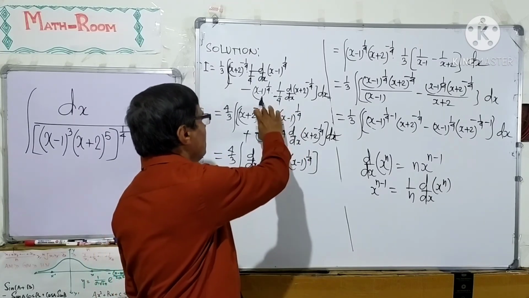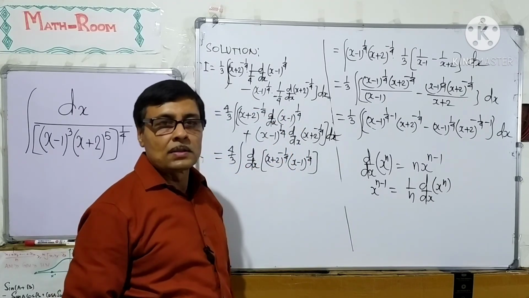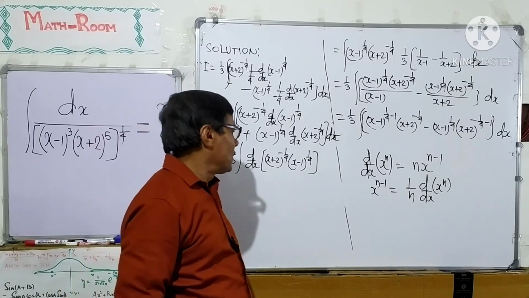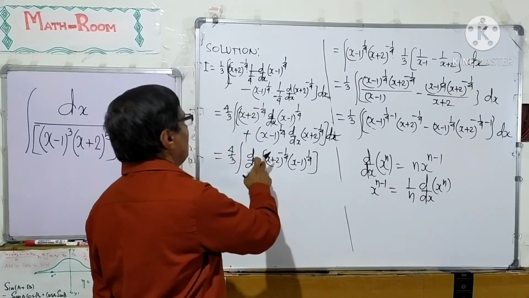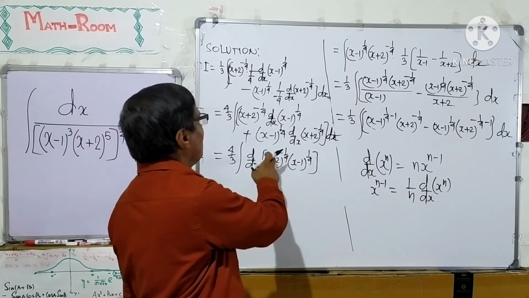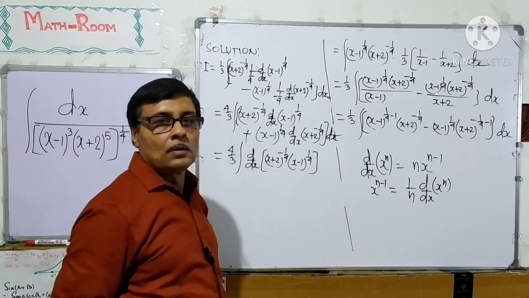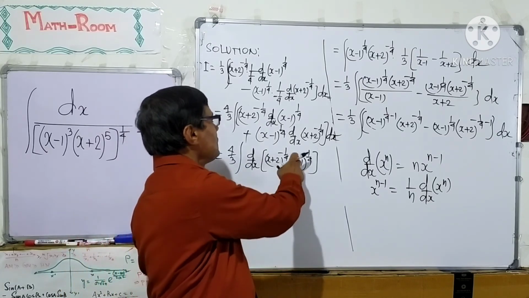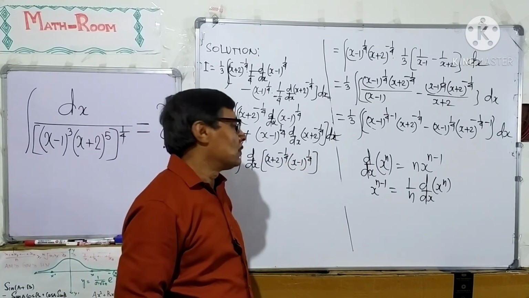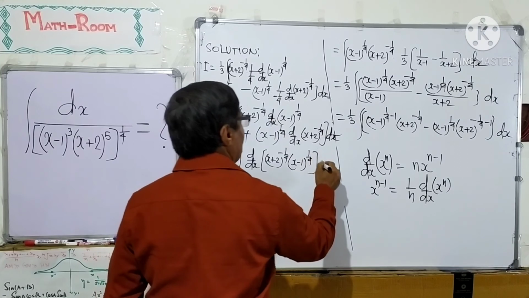Here the two functions are (x plus 2) to the power minus 1 over 4 and the other is (x minus 1) to the power 1 over 4, and dx.